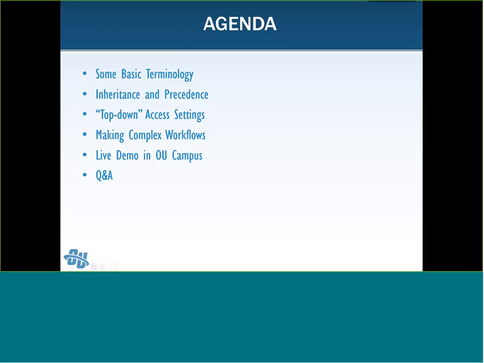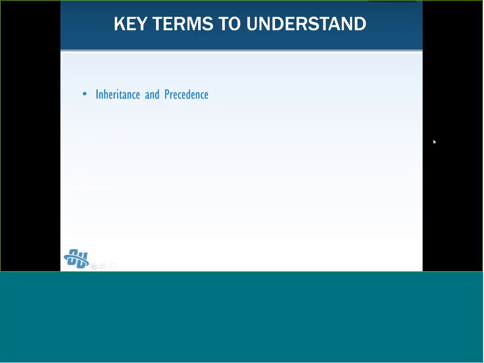So let's talk about some key terms. You're going to hear the word access thrown around quite a lot today. When we talk about access settings or just access in OU Campus, we're typically referring to who can go where inside of your site.